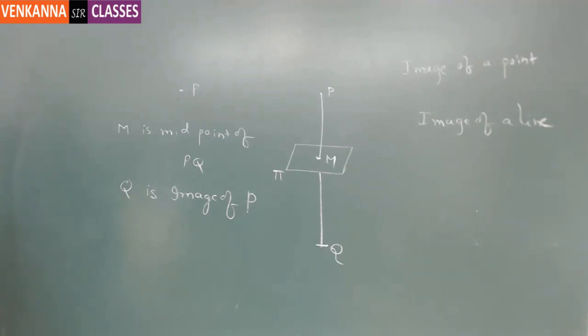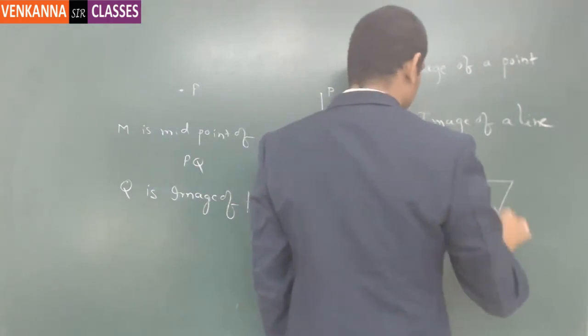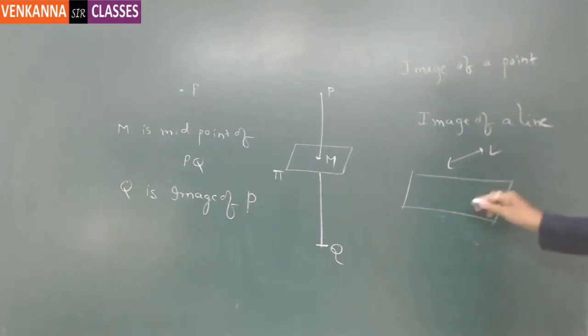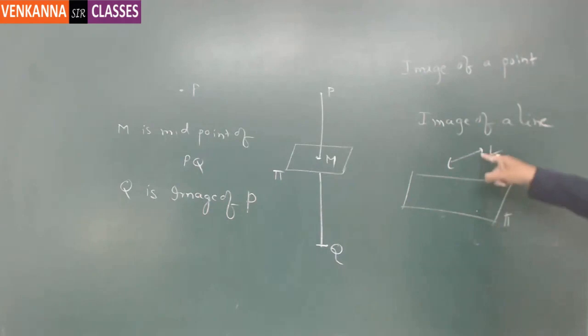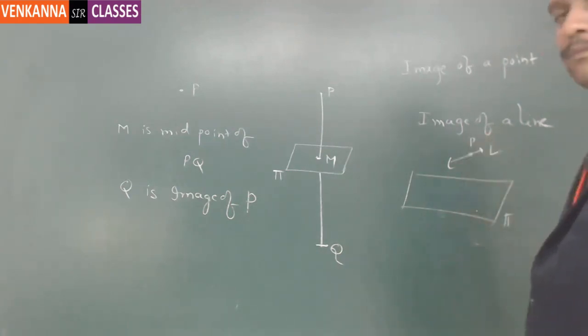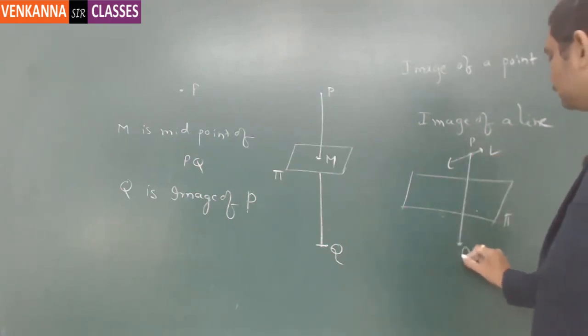So you need to calculate another line, which is the image. Let us say that this is the plane pi. Then you take a line L. So the image of L, we define it as follows: first, on the line L you take a point P. For this point you calculate the image Q.